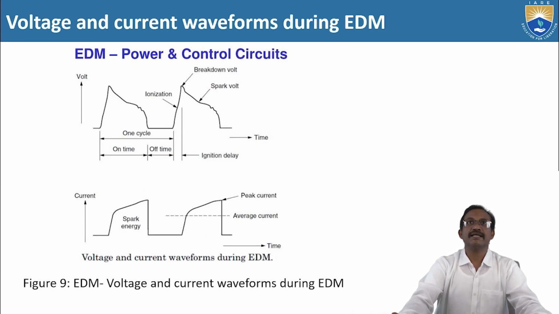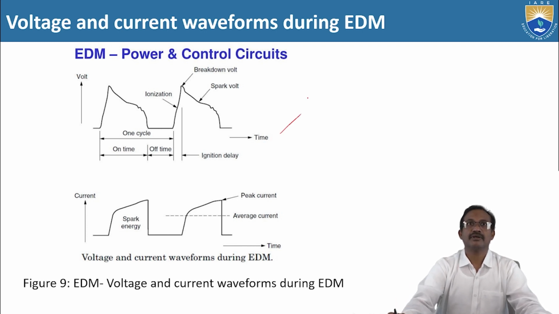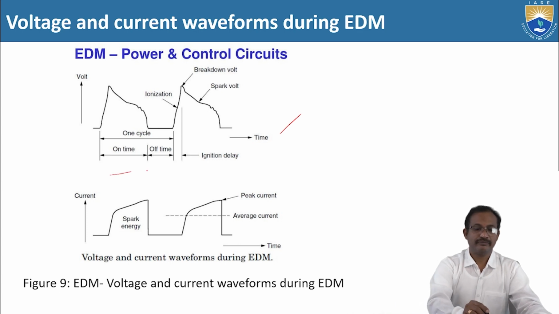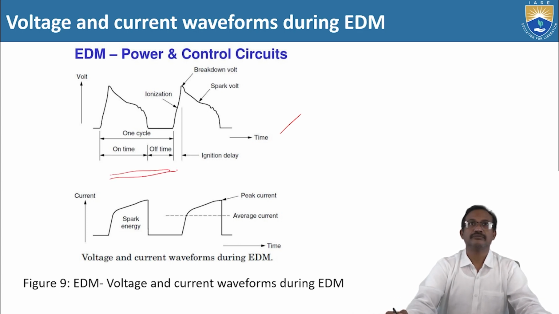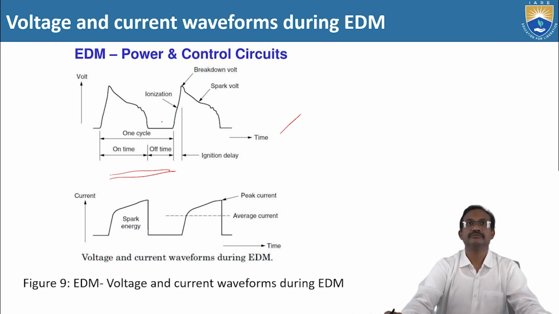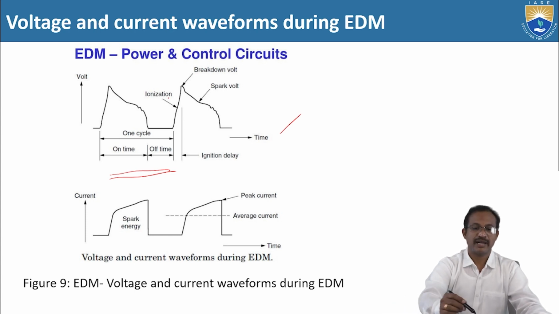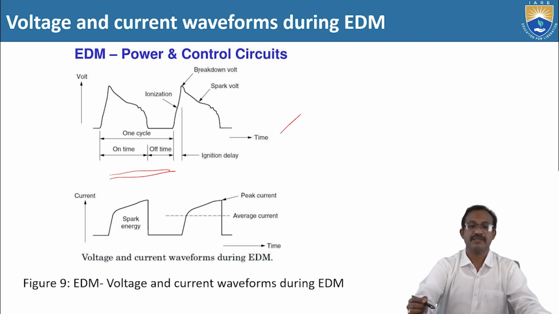Next, voltage and current waveforms during EDM. See here, on time, off time, and this is called one cycle. During one cycle, that means from on time to off time, how the ionization curve is there, and this is breakdown voltage, this is spark voltage.